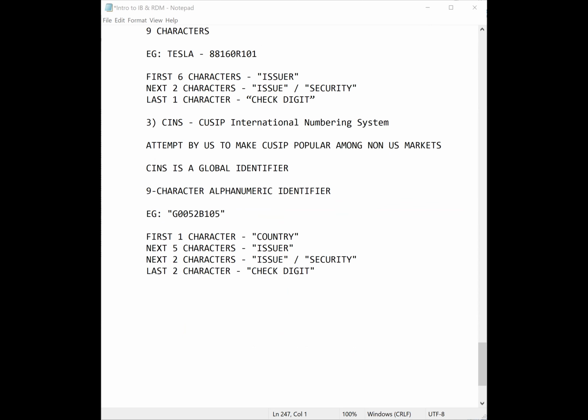See guys, like this there are a few more. Now you can read those up. For example, we have CEDOL, which is a local identifier for UK and Ireland securities.